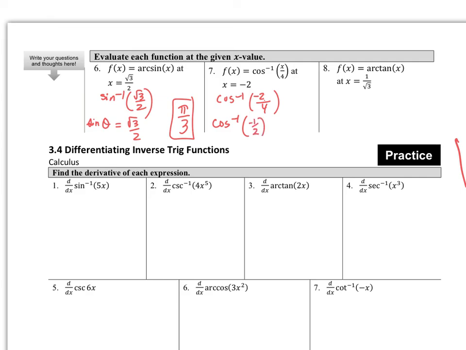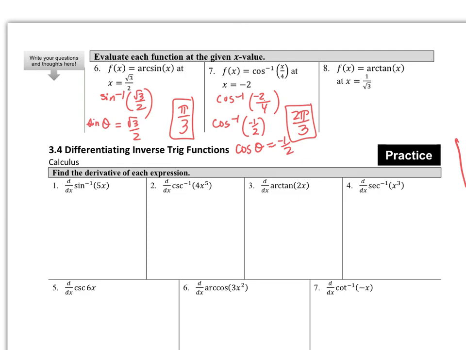Basically, I am asking myself, if we have cosine of theta equal to negative 1/2, what is theta? If you're using the unit circle, but remember, you have to restrict the domain to only quadrants 1 and 2 for this one. This would be 2 pi over 3. So we're getting to where the trig stuff's coming in. You need to know that unit circle, so make friends with that unit circle.